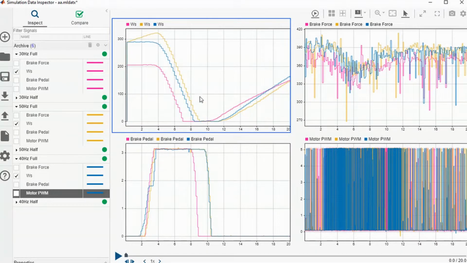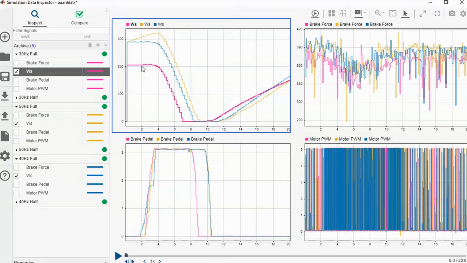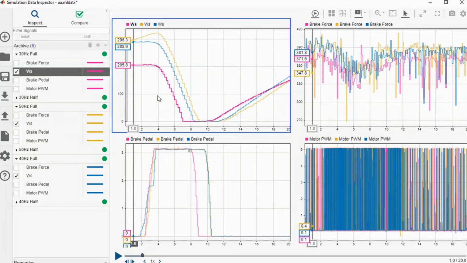Okay, for the next data analysis, I will show the graph at the full press on the pedal at three different input speeds on the rotating wheel. First we have 30 Hz, where the initial value is around 200 RPM.